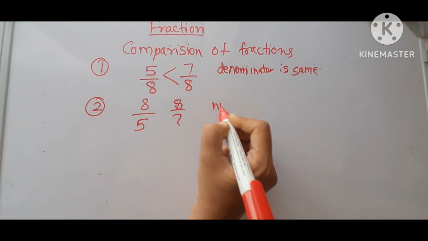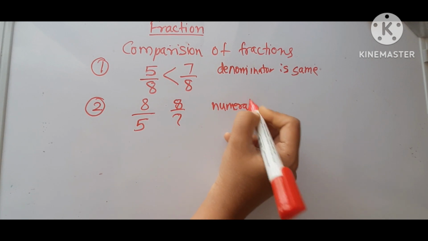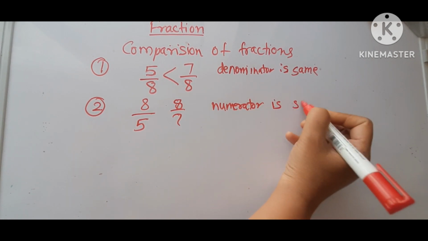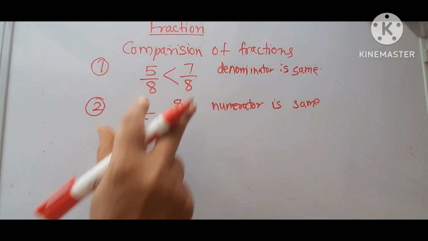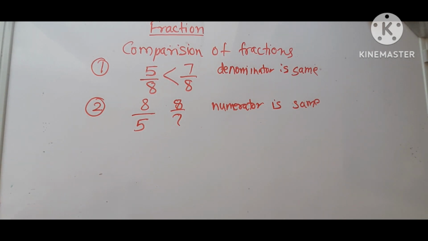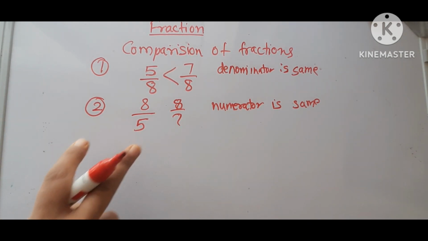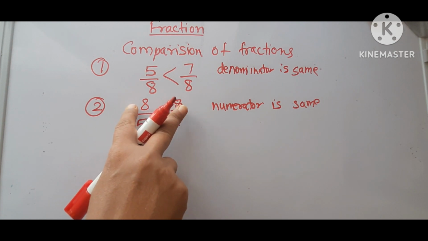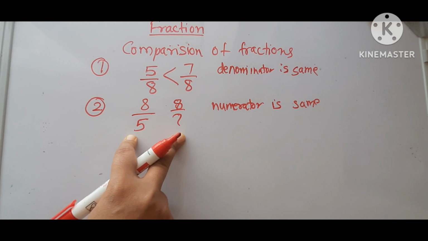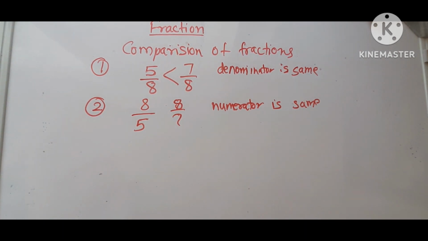Whenever they ask us to find the comparison of fractions, you first need to check whether the numerators or denominators are the same. If the denominators are the same, just check the numerator: if the numerator is larger, the fraction is larger. If the numerators are the same, we need to check the denominator, and the condition here is reverse.